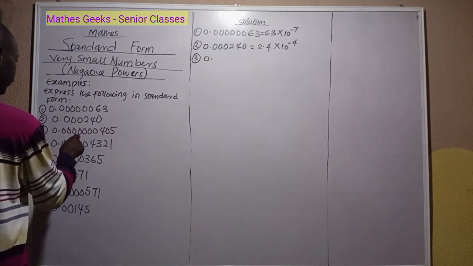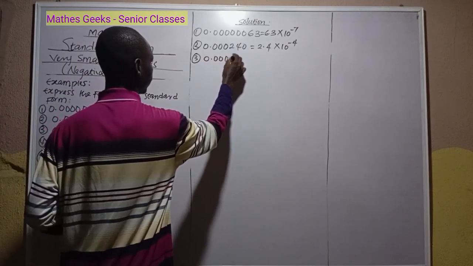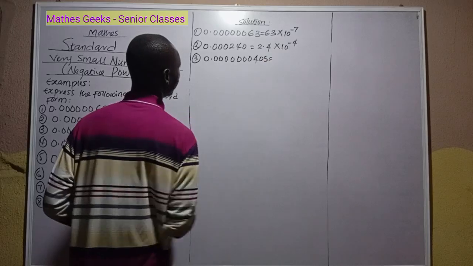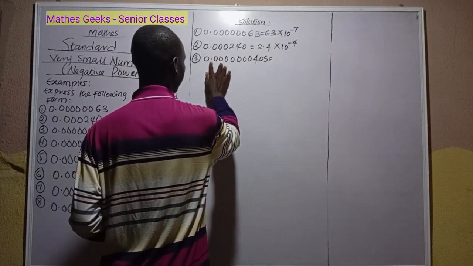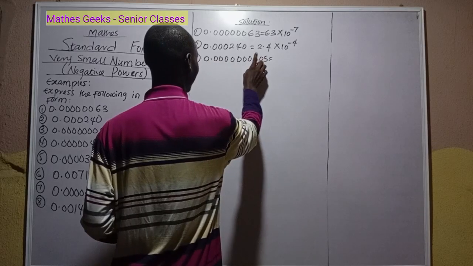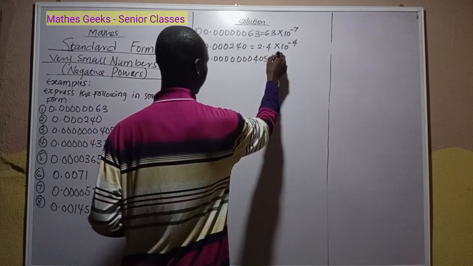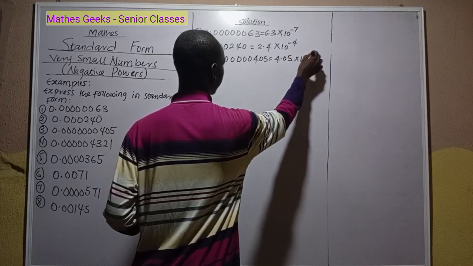Next, 0.0000004 05 with seven zeros after the point: 1, 2, 3, 4, 5, 6, 7, 4, 0, 5. So if we move the decimal point from here until we get to the first non-zero digit, which is 4, and put it here, that would make it 4.05 times 10 raised to minus 7.